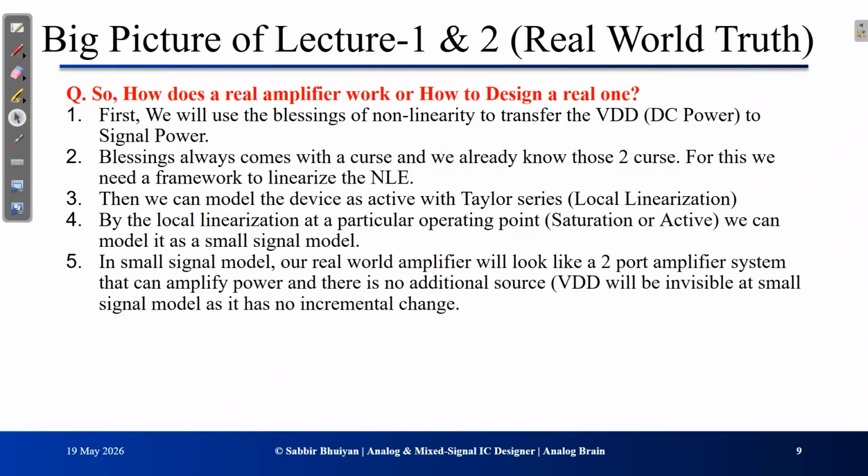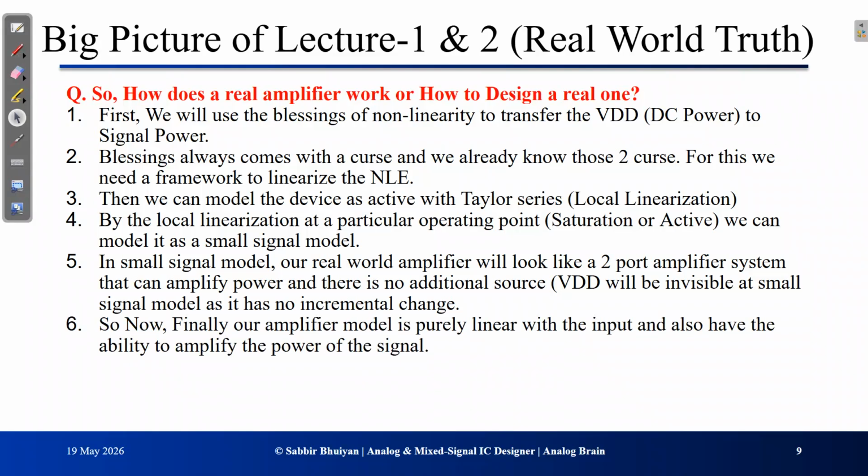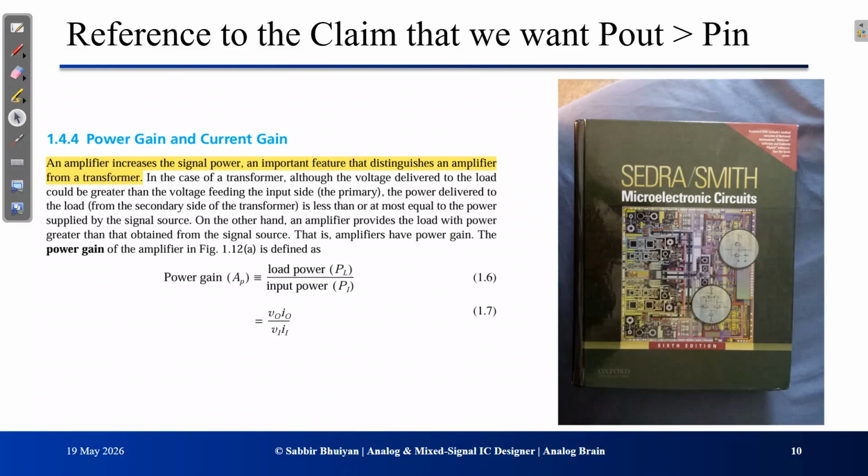Now, in the small signal model, our real world amplifier will look like a two-port amplifier system that can amplify power, and there is no additional source. So VDD will be invisible in the small signal model as it has no incremental change. So now, finally our amplifier model is purely linear with the input and also has the ability to amplify the power of the signal. That's the thing.